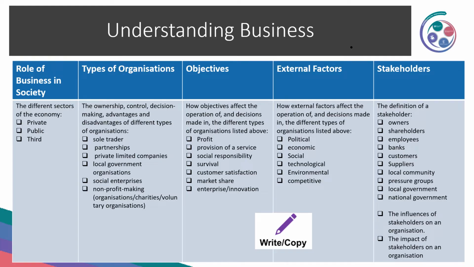We've got the role of business in society, types of businesses and organisations, objectives, external factors, and stakeholders. It might be an idea to pause this and copy down or make a list so that you can make sure that you have got a checklist for this.